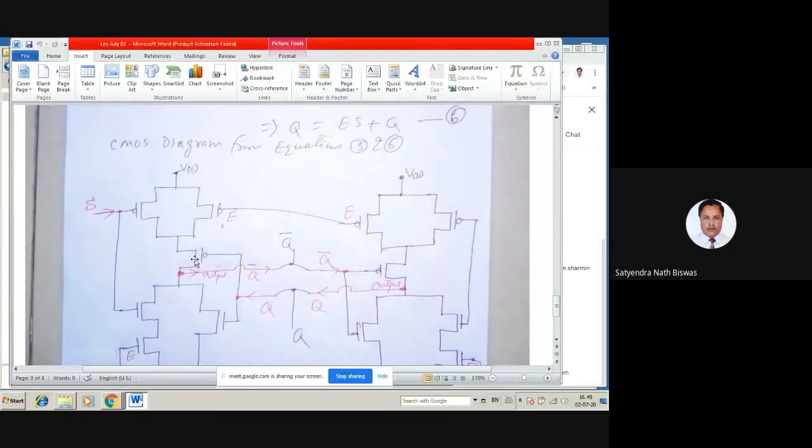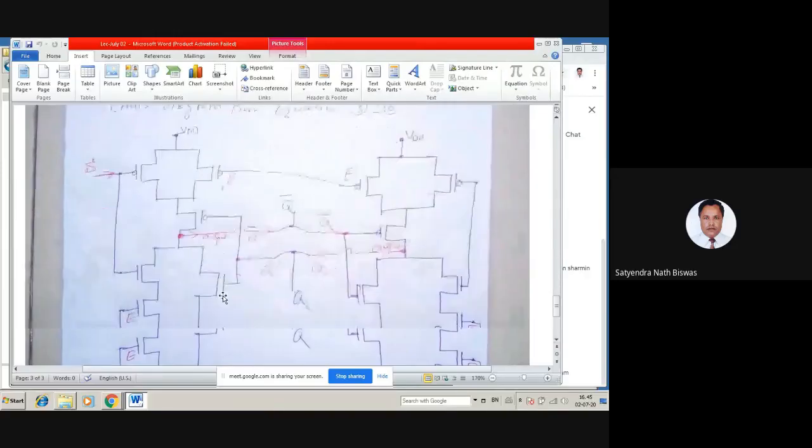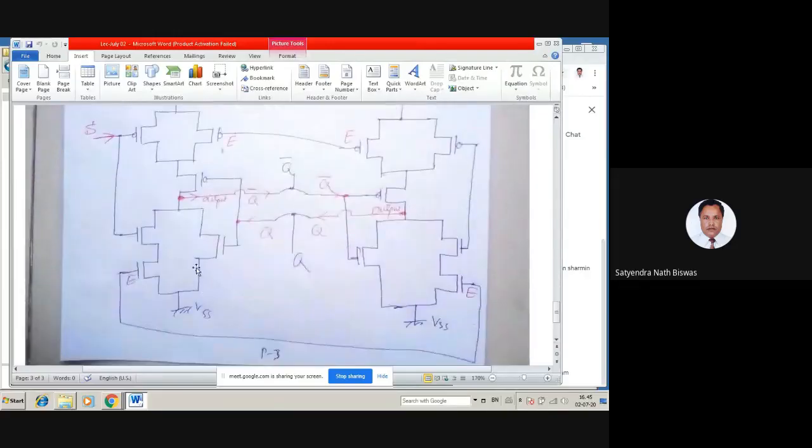Here you see on the left side two PMOSes are in parallel, and then one PMOS is in series, because this is our AND gate, and then the OR gate, and then the bottom side NMOS will be opposite. These two PMOSes were in parallel, so in here two NMOSes will be in series, and the one PMOS that was in series will be in parallel with the other two.